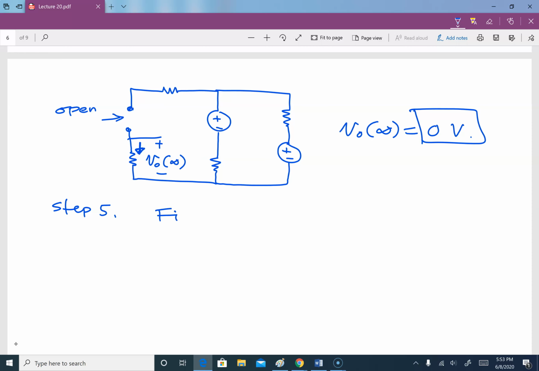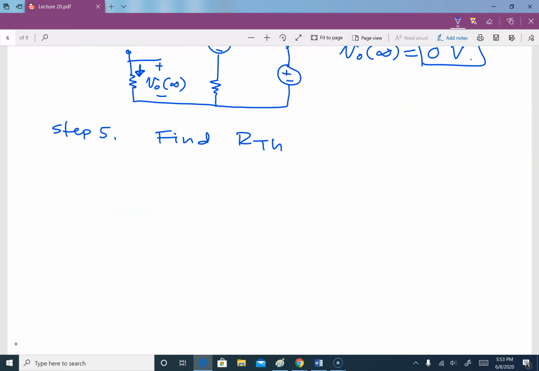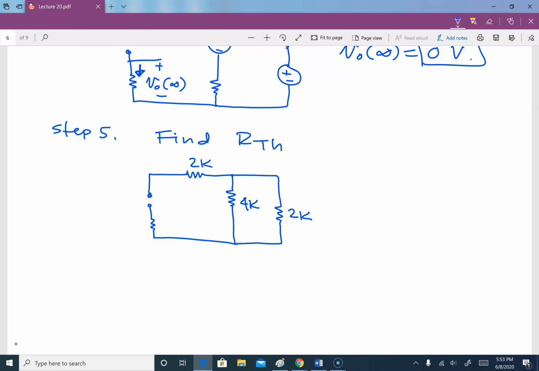Step 5, we need to find R Thevenin. So it is the same circuit. 2K, 4K, 2K, 4K. And this is where we need to find R Thevenin, which is looking at the whole circuit from the place of the capacitor.